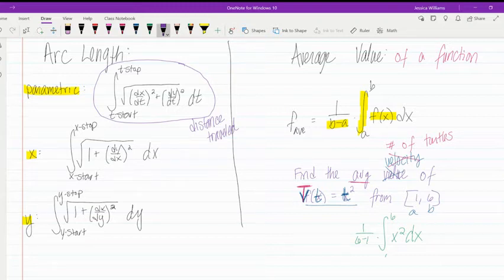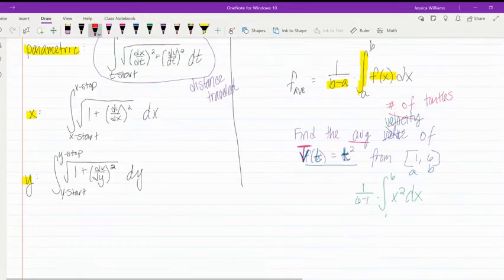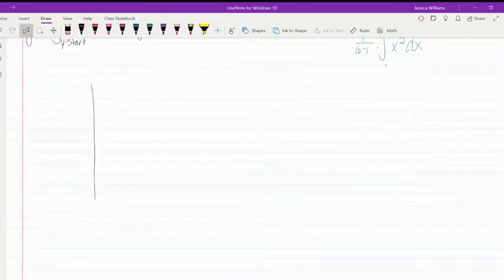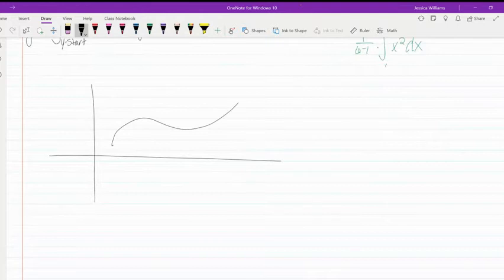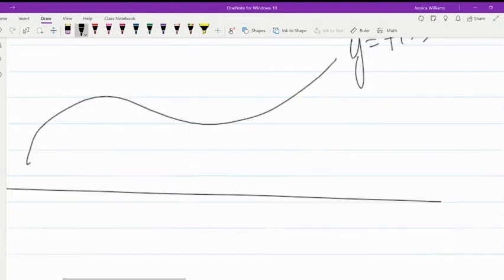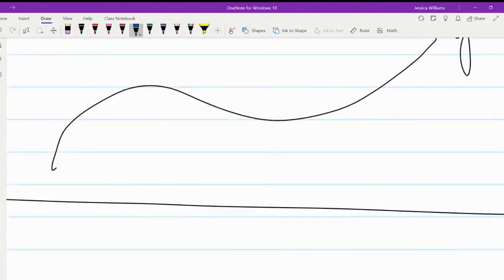So let's talk about where all of these come from. So if I have a squiggle wiggle, I'm going to call it f of x, and I want to find the length of that squiggle wiggle. What we're doing is we're zooming in really close, and we are going to draw some triangles. And we're going to give them heights of dy, and we're going to give them lengths there of dx.